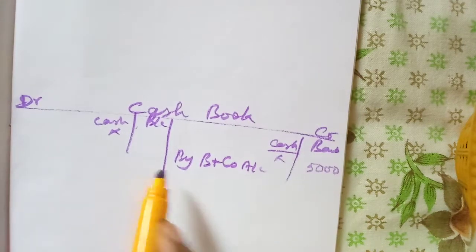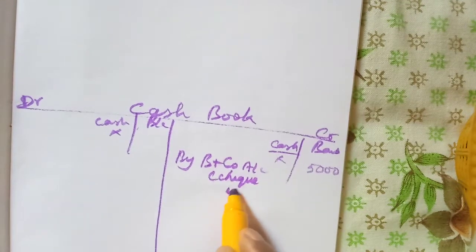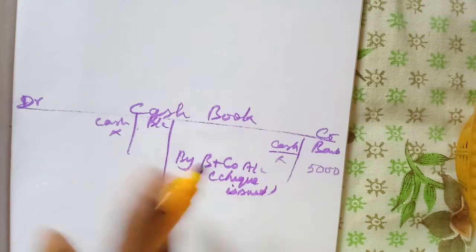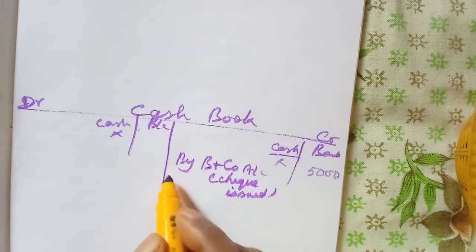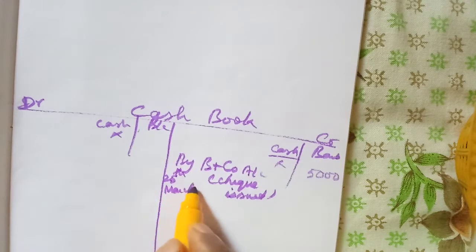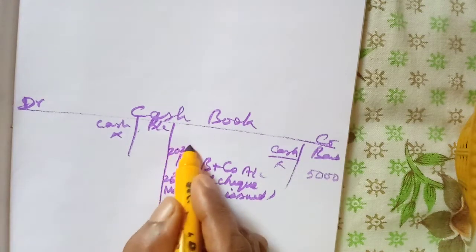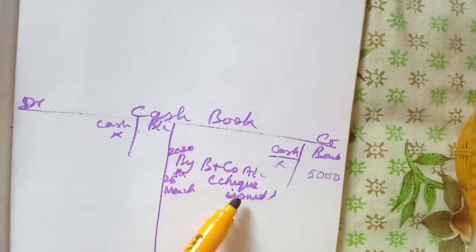Okay, when we issue a check, we are entering it in the cash book. For example, 25th March 2020. We have issued a check.